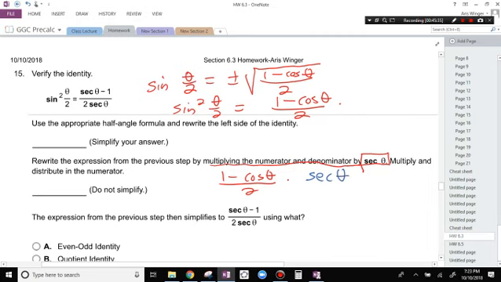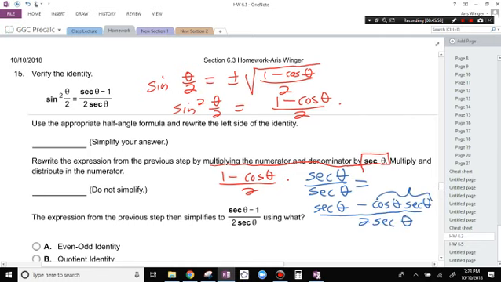Somehow they just said, just do this. And if you do that, then you get secant theta minus cosine theta secant theta, all over 2 secant theta, right? But what's cosine times secant? 1. So then you get secant theta minus 1 over 2 secant theta.